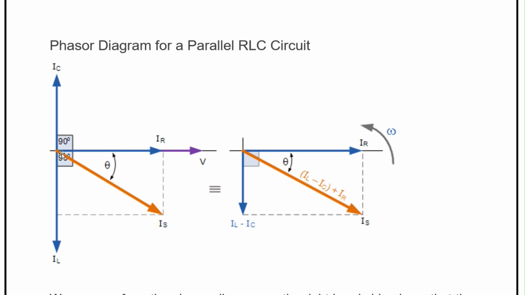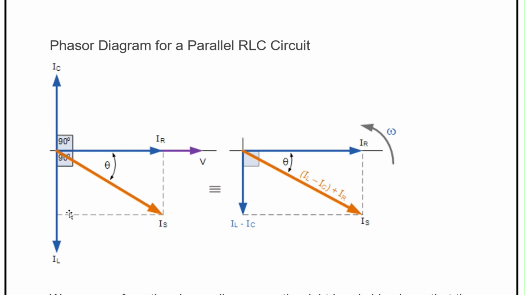But the current in the capacitor is 90-degree leading, so here it has been shown 90-degree leading, whereas the current in the inductor is 90-degree lagging, so that has been shown lagging here.